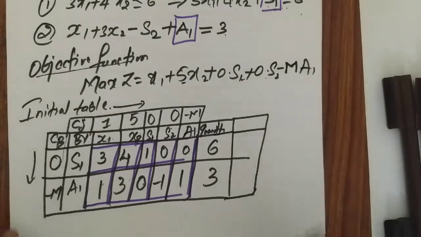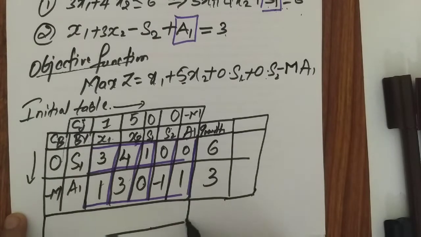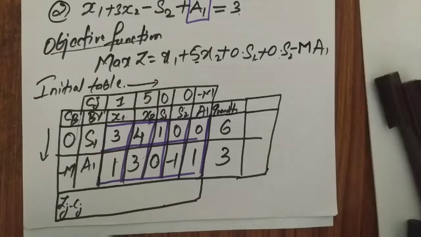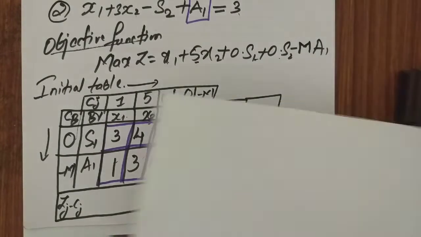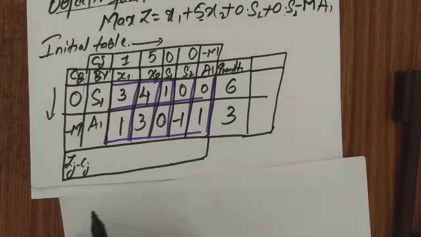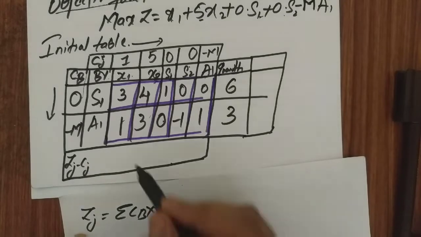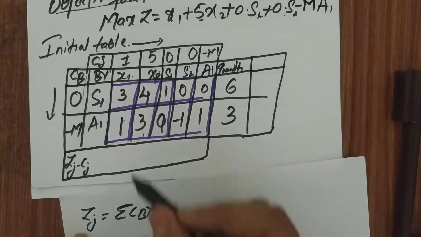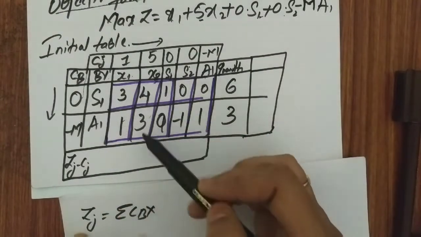The next step is calculating Zj minus Cj. That is a very simple step. To understand this, I will take a separate sheet and show you. Zj is nothing but the sum of Cb into the corresponding column products.